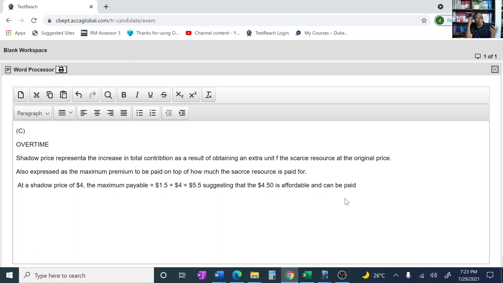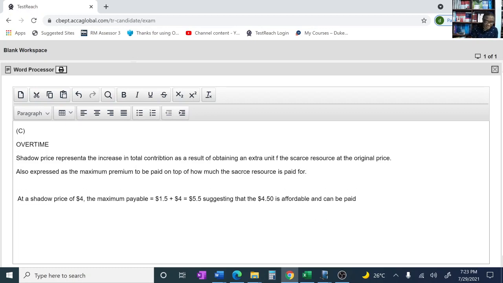Just make sure you understand what is happening here. The maximum we can pay is 5.5, and they're asking for 4.5, so that makes sense, we can afford it. Within that, I'm looking at an argument for this: it's affordable because it's still less than the maximum payable. The shadow price, don't forget, represents the maximum premium, no more than that.